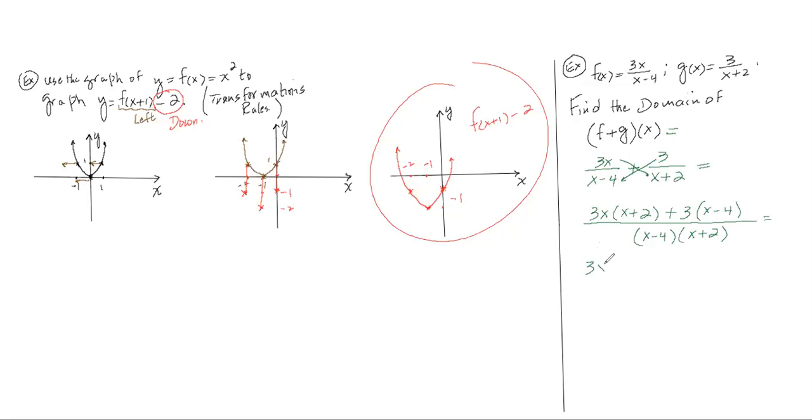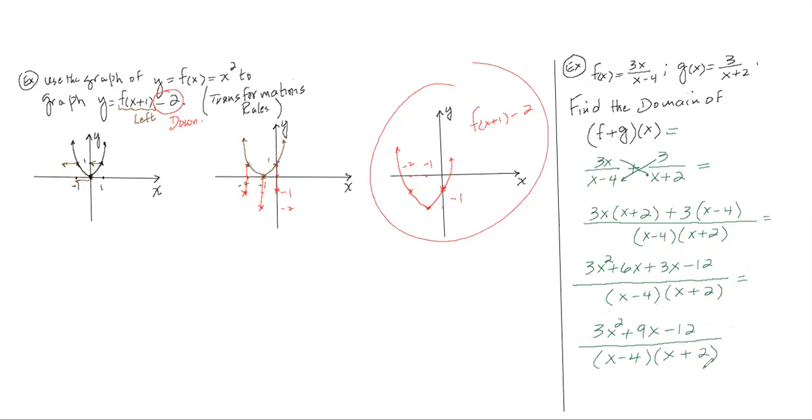So that's 3x squared plus 6x plus 3x minus 12. Do not multiply the denominator, okay? Just leave them as factors. So then it comes out to 3x squared plus 9x minus 12 over x minus 4, x plus 2. Okay, so this is just the sum. Now, can you do the domain from here?